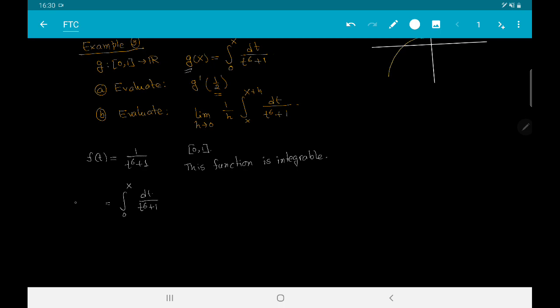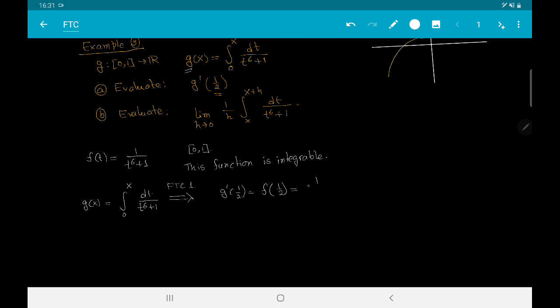So this is g of x, and our fundamental theorem of calculus, FTC part 1, says that g prime of x is equal to f of x, so g prime of half is equal to f of half. This is exactly the form of fundamental theorem of calculus part 1 that we have seen.